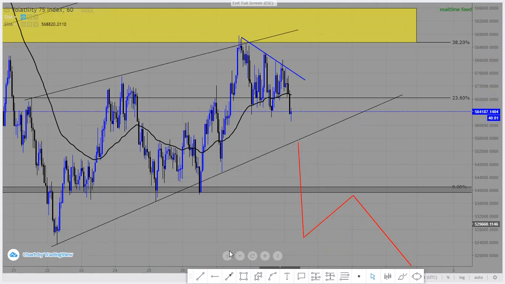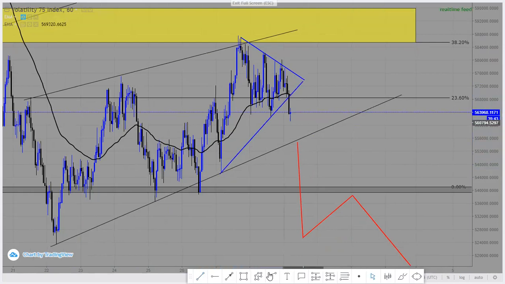So right now we also have this. This is also an opportunity for entries. Why? As soon as the market can give us something like a pullback here into this zone, sales can be taken to this level.